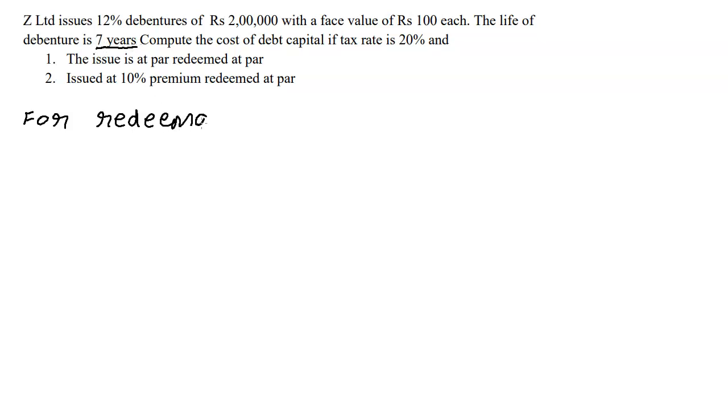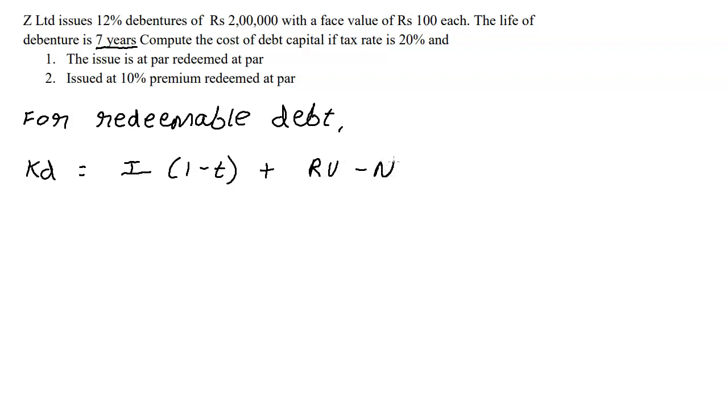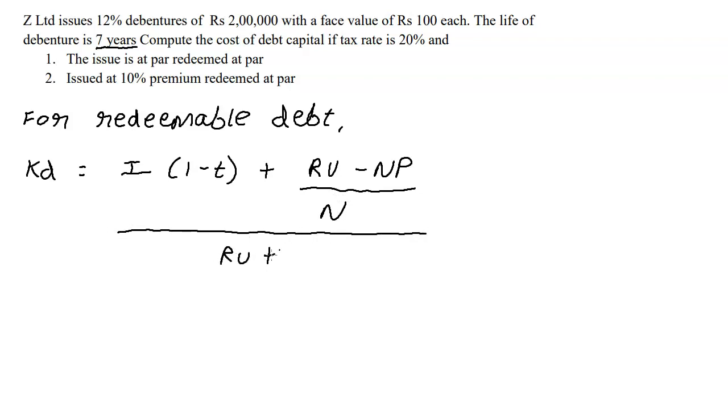So for redeemable debt, the formula for KD is interest, open bracket, 1 minus T, plus RV minus NP upon N, the whole thing, divided by RV plus NP upon 2. Okay, and if you want, you can show this in brackets. This is the formula.